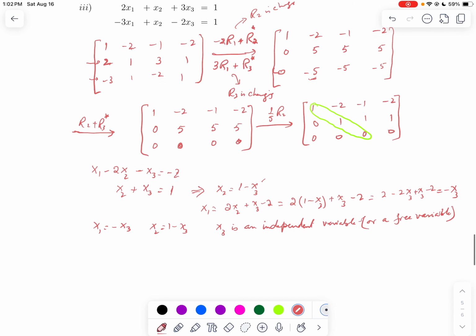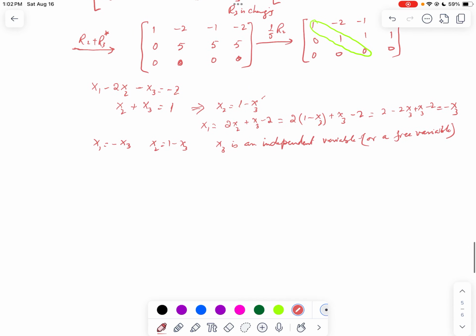What does that mean? It means if you choose a value of x3, for example, let x3 equal, let's say 1. What does that mean? It means x1 will be equal to negative 1 and x2 will be equal to 0.